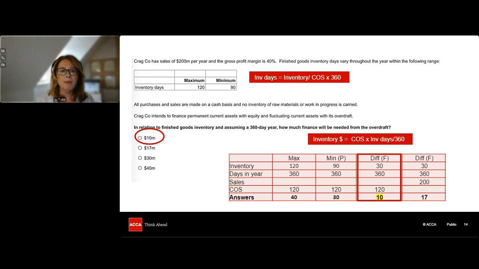If you'd used the maximum as the fluctuating, you'd have got the 40. If you'd used the minimum, which is the permanent, not the fluctuating, you'd have got the 30. And if you'd used sales and not cost of sales, you'd have got the 17. They're all there to distract you. So it's important to understand why they're there, and hopefully you can build that into your practice.